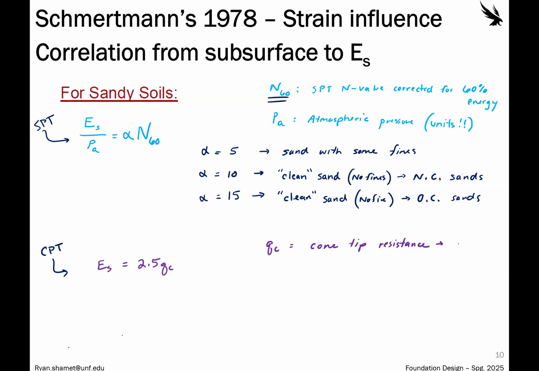It's already in units of stress, either MPa or tons per square foot, TSF, so that's nice because we don't have to normalize by atmospheric pressure or anything. We would use this for a square footing or circular footing.